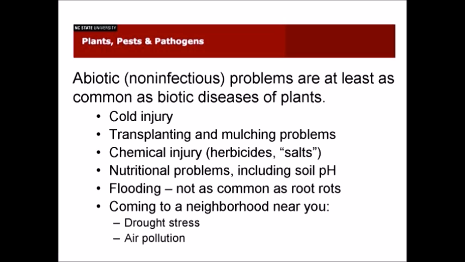Flooding would be abiotic, but it's interesting that we don't frequently see flooding damage, where a tree has been flooded, the root system has been underwater for a couple of days, and the roots actually die of lack of oxygen. The characteristic sign there is when you have the root turning black throughout.